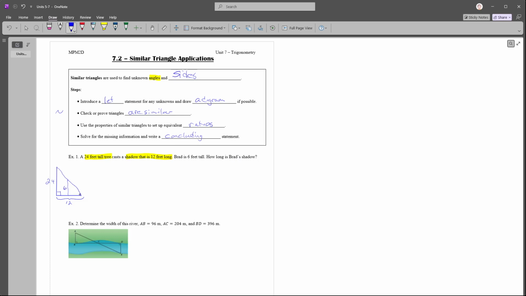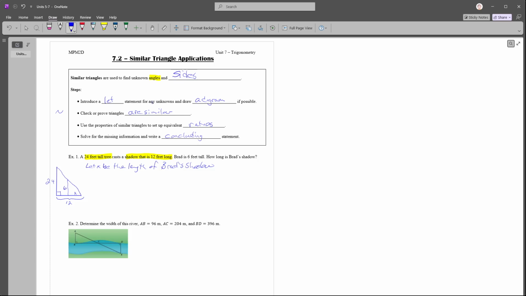So that's just the piece inside. Well, that's our unknown. So our let statement is going to be let x be the length of Brad's shadow. So that means our x is going to go right here. Now it's just that piece.